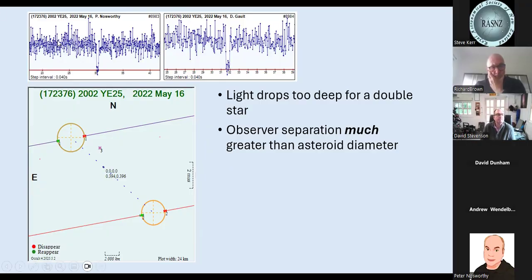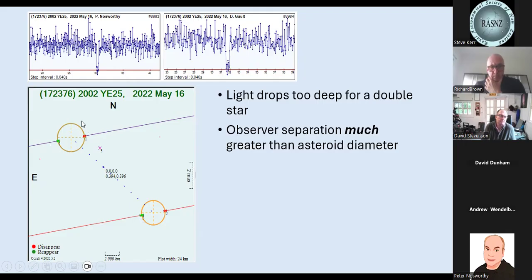This one, Dave Herald and Peter Nosworthy, they're satellite kings. The next one, they both had a single chord observation of a small asteroid. But when we plotted their observations out, I think that's Dave Herald and that's Peter Nosworthy. There's their two chords.